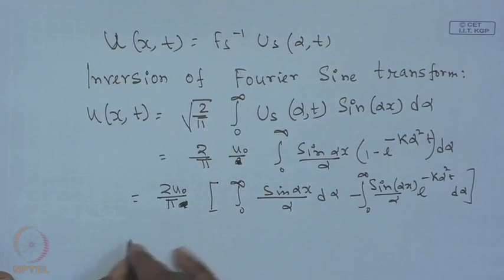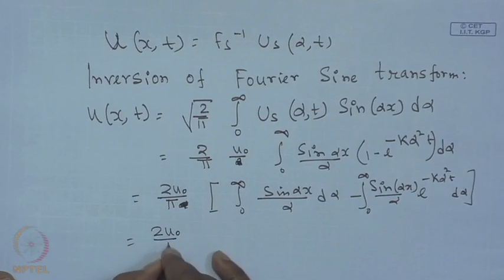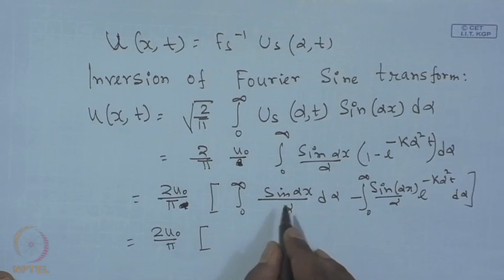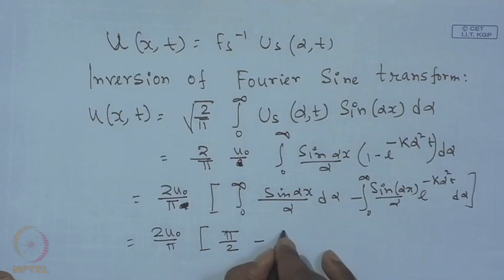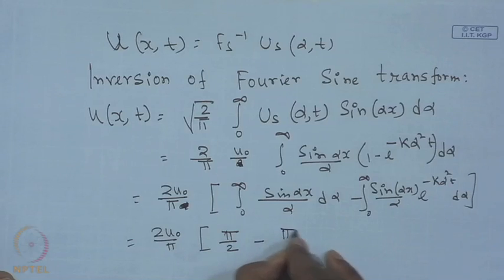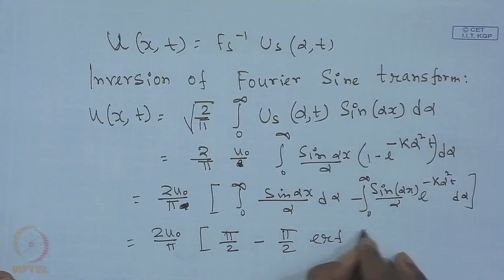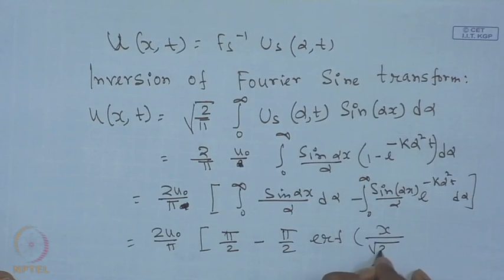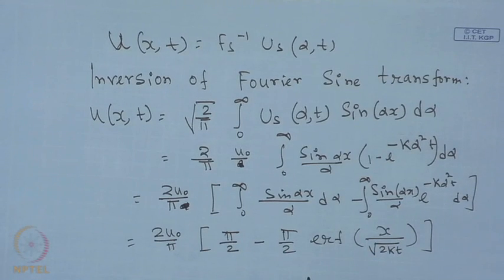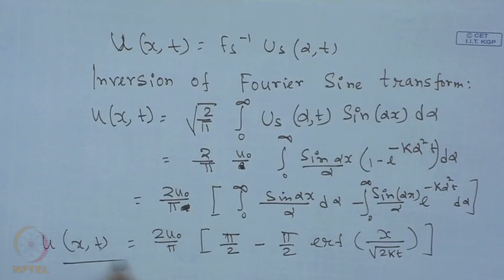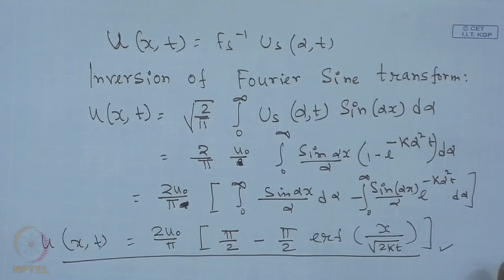So, we will be having 2 u naught by pi. This integral is nothing but pi by 2 minus pi by 2 error function of x divided by root over 2 k t. You can look into the table of Fourier sine transform. You will be seeing that this integral is nothing but the error function of x by root over 2 k t. So, that gives the complete solution of u as a function of x and t using the Fourier transform.